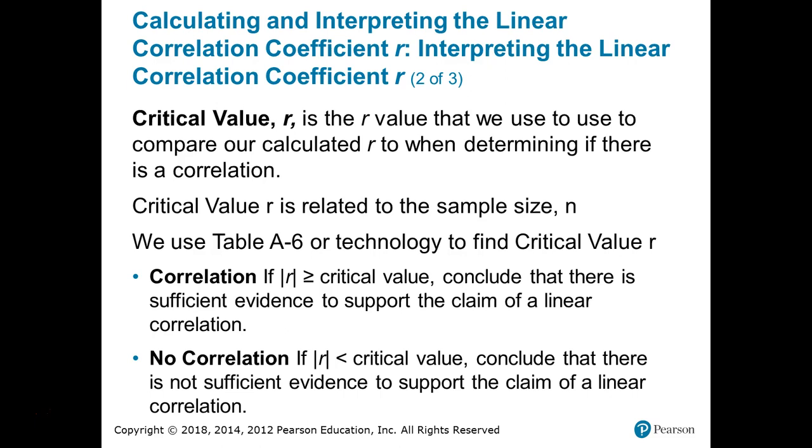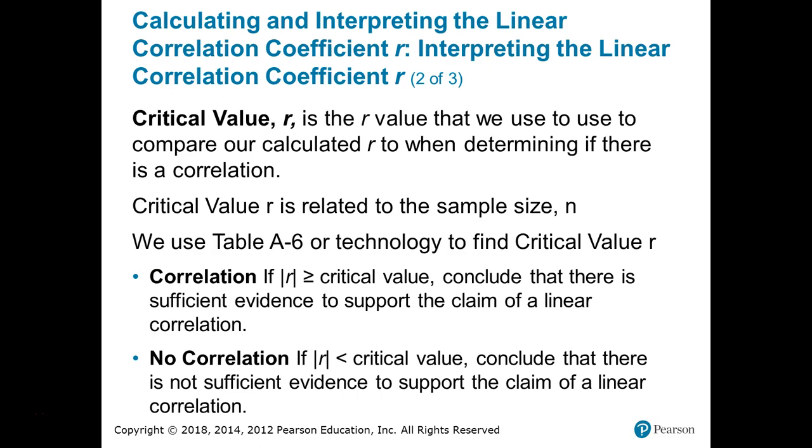Now, critical value R. You may remember this from when we did this back in Stats 1. Critical value R is the R value that we use to compare with our calculated R when we are determining if there is a correlation. That critical value R is related to the sample size n. If you look in your book at table A6, on page 692, I have it in front of me, not that you can see that, they have all the critical values for R. So that's what we're using to compare.